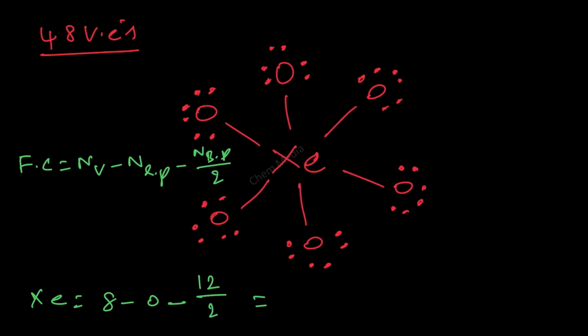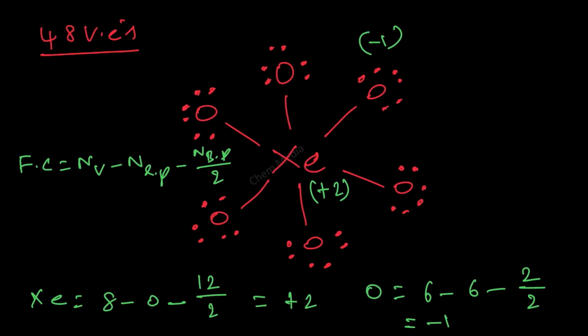Therefore, this is equal to 8 minus 6, so plus 2. Xenon will have a formal charge of plus 2. If we calculate for oxygen, then it would be 6 minus 6, because we have 3 lone pairs, and then 1 bond, so 2 by 2. So therefore, this will be equal to minus 1. So each oxygen will have a formal charge of minus 1.